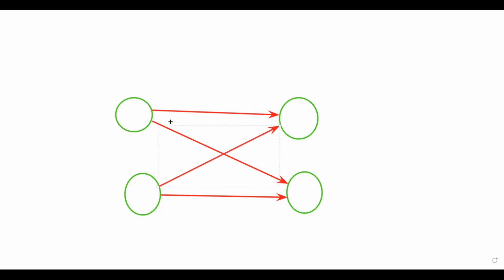Let me delete it and do it again. You can see that the fact that it's moving from left to right makes the left one a supply node and the right one a demand node.